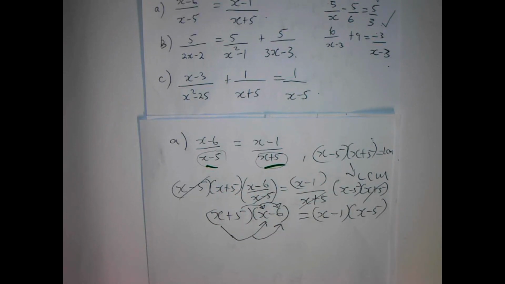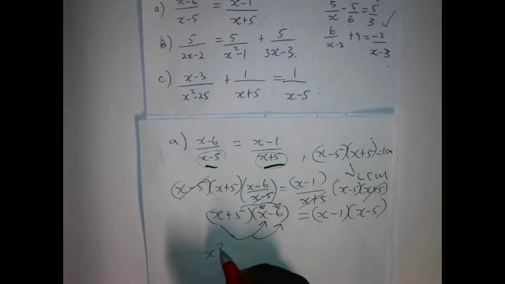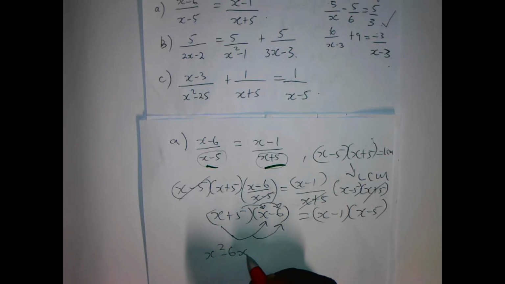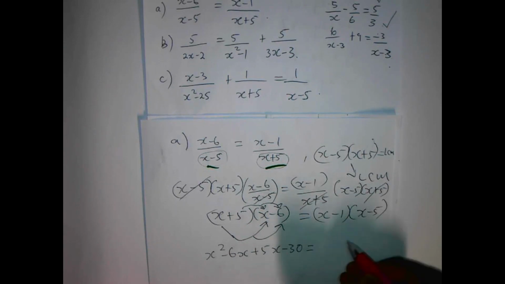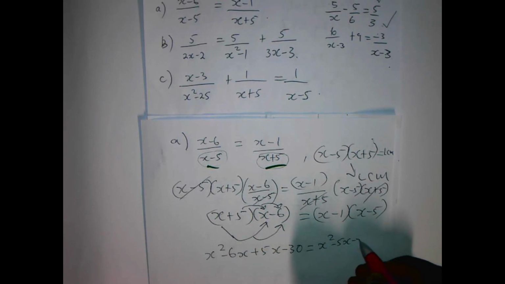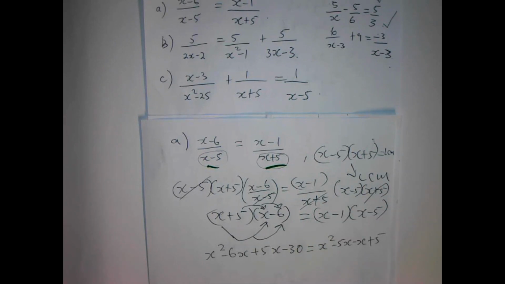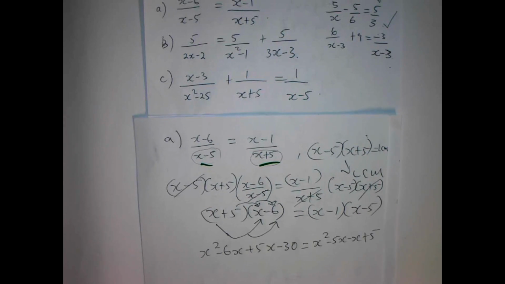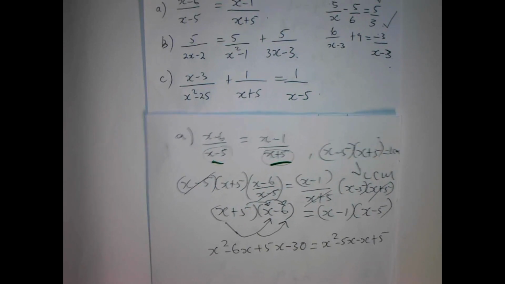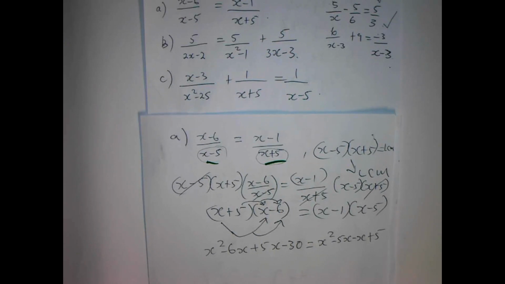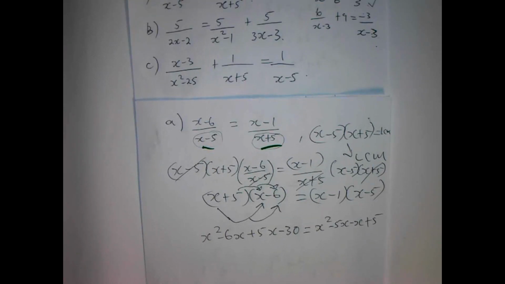So we will have x squared minus 6x plus 5x minus 30 equal to x squared minus 5x minus x plus 5. I'm sure you can see this is just direct expansion. If you don't see what is happening, try to go through expansion again so that you are able to follow nicely without any challenges here.